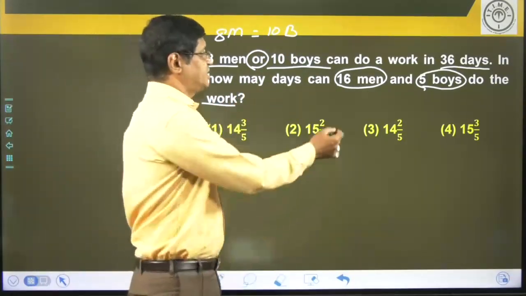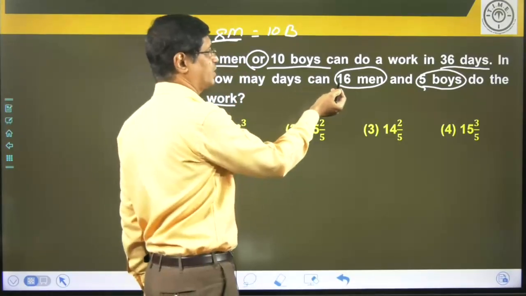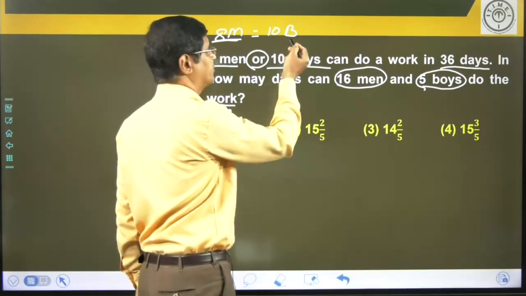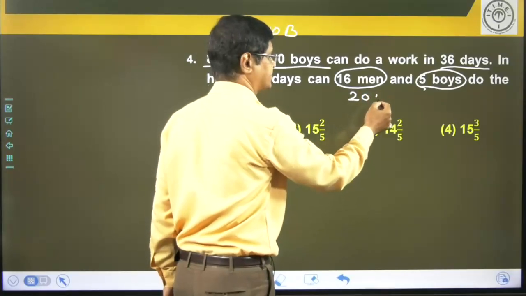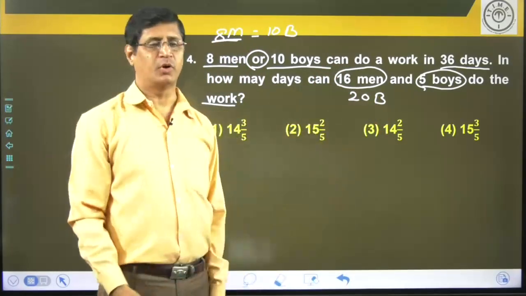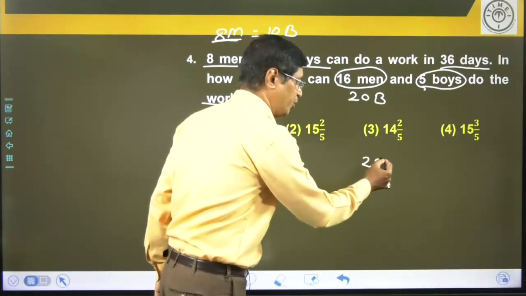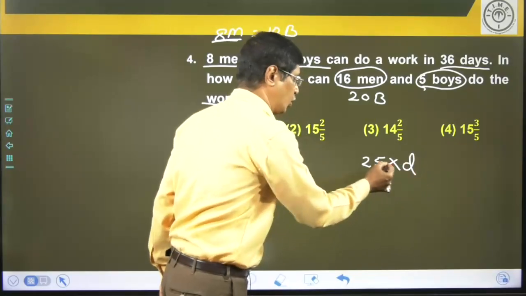Now 16 men means 2 times of 8, so 2 times of 10, that is 20 boys. In place of 16 men, I am writing 20 boys. 20 boys plus 5 boys, that is 25 boys. They can complete the work in how many days?